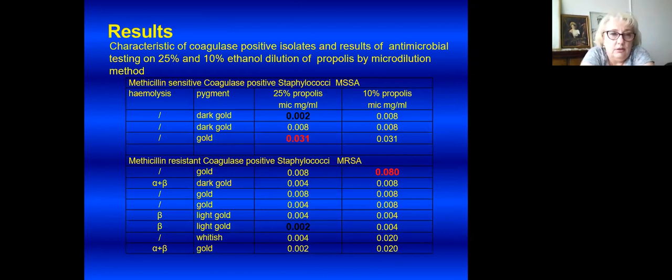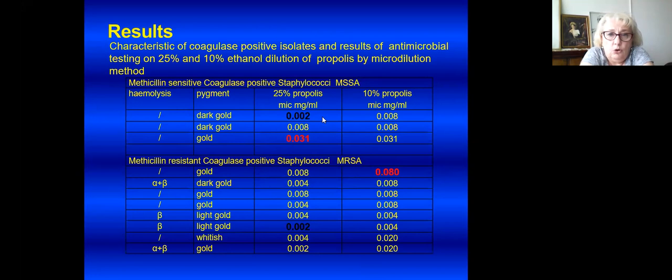The 3 isolates which we determined as methicillin sensitive all possess gold pigment, and the maximal point of the propolis extract was 0.031. Minimal was 0.002.